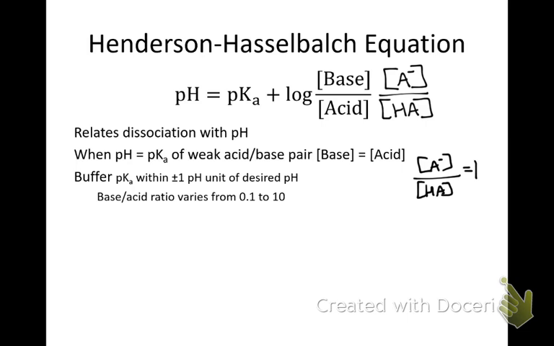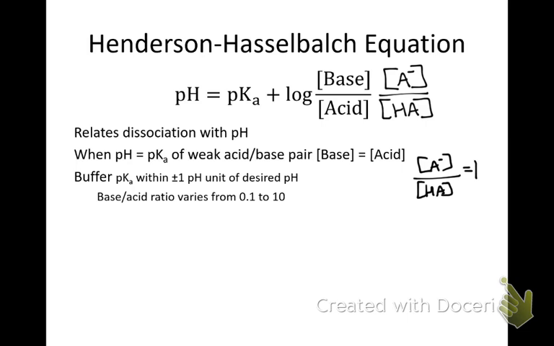What that means is that you need to choose your weak acid conjugate base pair so that the pKa is within plus or minus 1 pH unit of the pH you want your solution to stay at. Okay, so not every weak acid conjugate base pair can buffer at every pH. Instead, the buffering pH is related to the pKa.